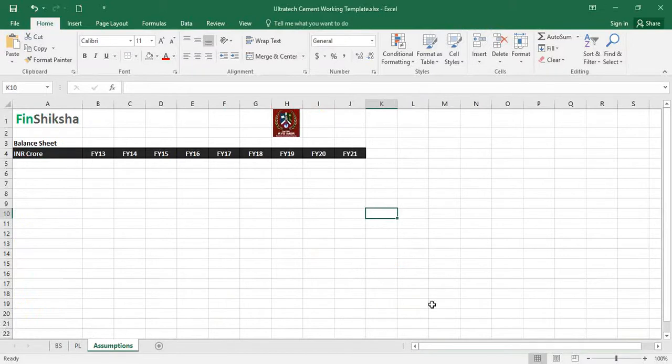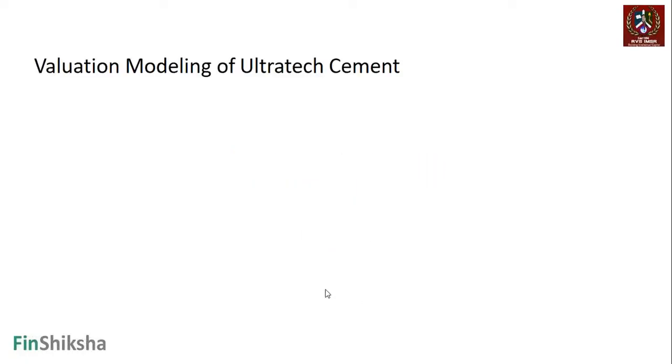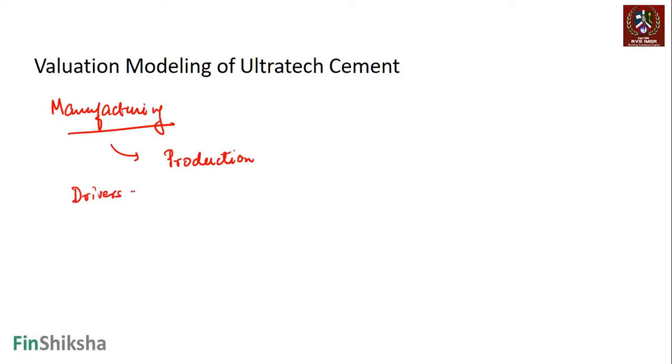To understand the cement business, let's try to identify some of the major drivers of cement. This is a manufacturing firm, unlike the earlier ones that we have discussed, and manufacturing firms typically deal in terms of production. So 2 or 3 things will happen here. The first important thing is that the drivers will get linked to the production volume.